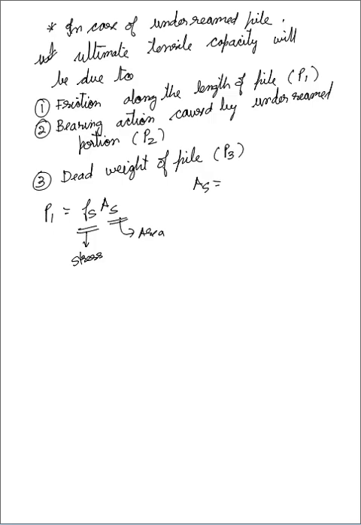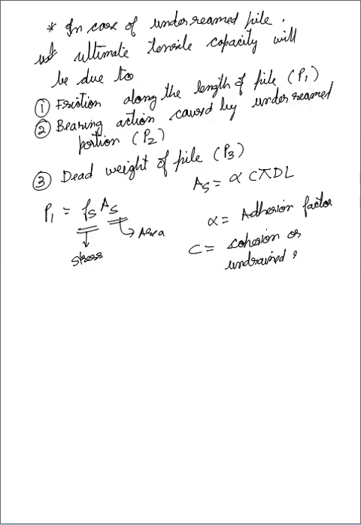AS is equal to alpha C pi D L. We know alpha is adhesion factor. C is cohesion, or sometimes it is written as undrained shear strength. D is your shaft diameter.